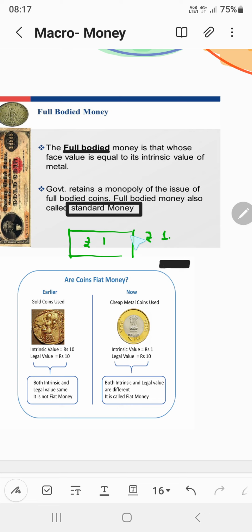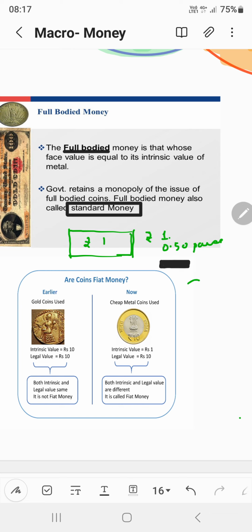But what is its intrinsic value? Intrinsic value is the note. This may not be worth even rupees 1, maybe it may be worth 50 paisa or maybe less than 50 paisa. So face value is what the government has told, that this paper note will carry a value of rupee 1, another paper note will carry a value of rupees 20.